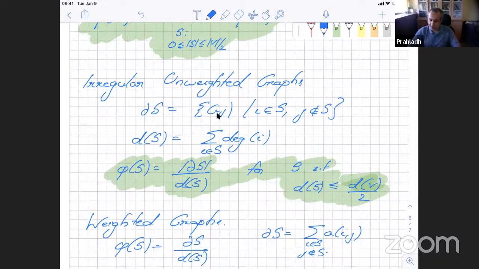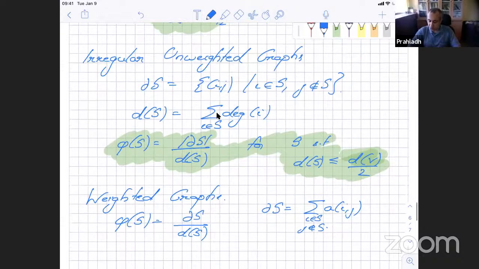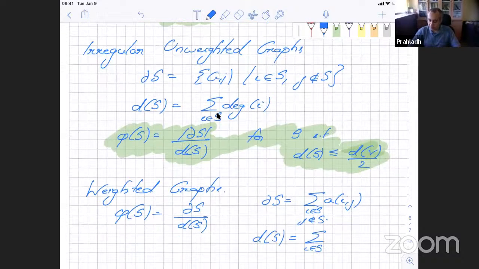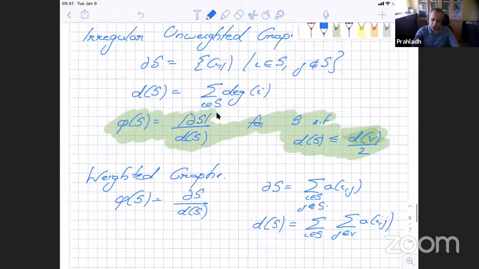And d of S is the summation over all i in S, and furthermore, the summation over all j in the vertex set of a_ij. It's the degree of that vertex. Okay, these are natural.